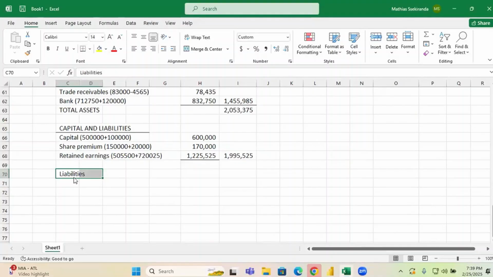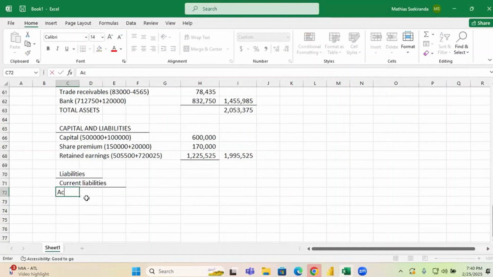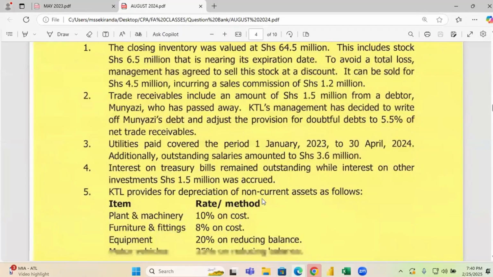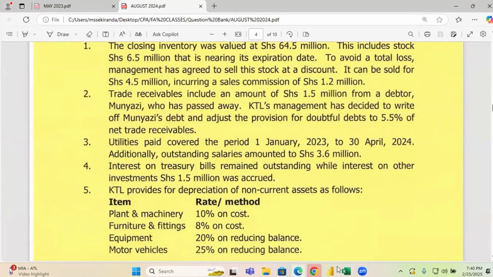According to the question, I don't have non-current liabilities because I didn't see any loan anywhere. So I'll only have current liabilities. And before I forget, I'll take what we call, was it accrued salaries? We had accrued salaries somewhere, because we said accrued expenses are liabilities. So you bring accrued salaries. Was it 3.6 in note number 3?